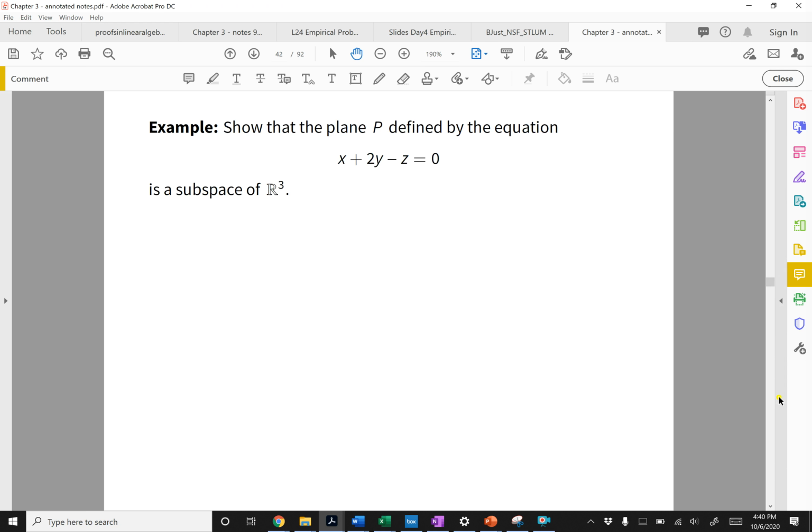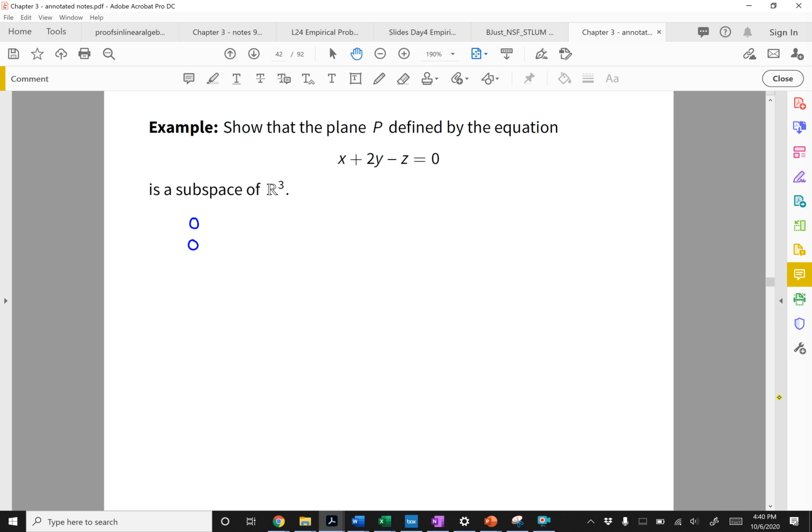Okay, show that the plane P defined by the equation x plus 2y minus z equals 0 is a subspace of R3. So this does define a plane in R3, but we need to show that it's a subspace. So first, does it include the 0 vector?